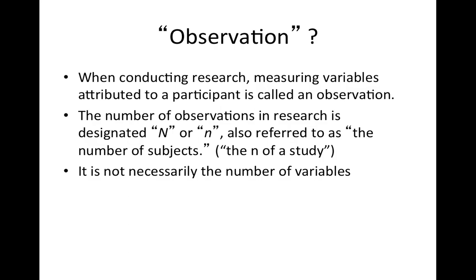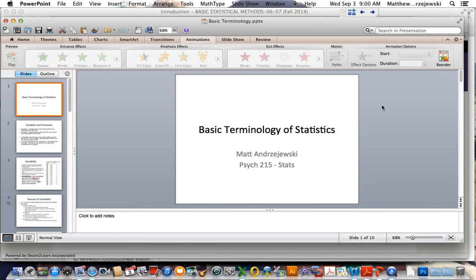It's the number of subjects or the number of observations. You'll often hear a statement something like, what was the N of a study? Now, it's not necessarily the number of variables that you measure, but it's the number of observations or the number of participants. Okay, so hopefully that gives you a little background on basic terminology.